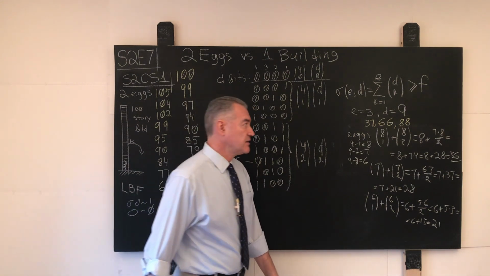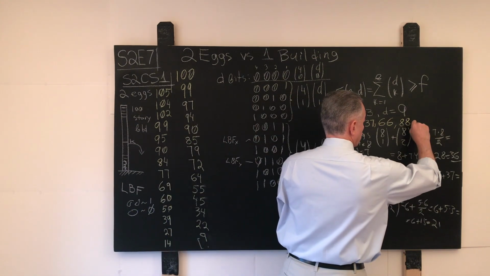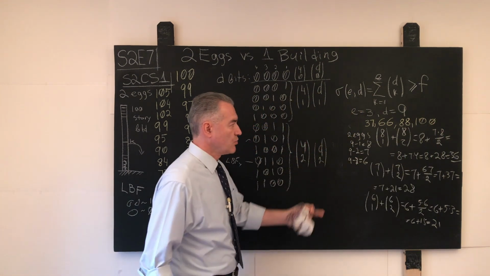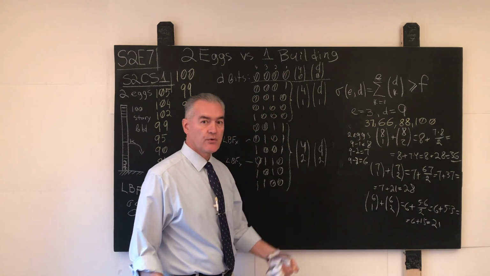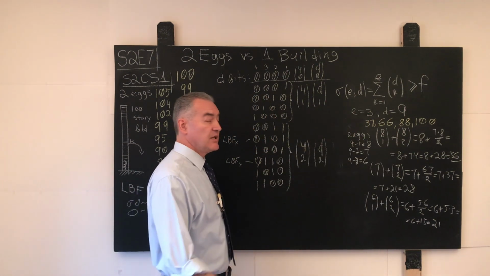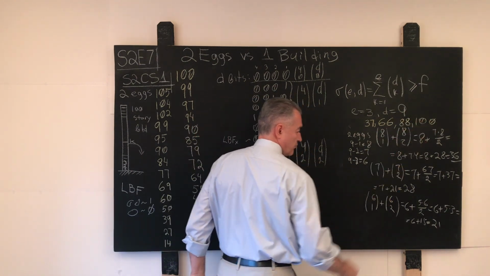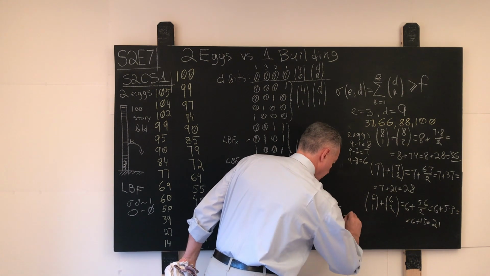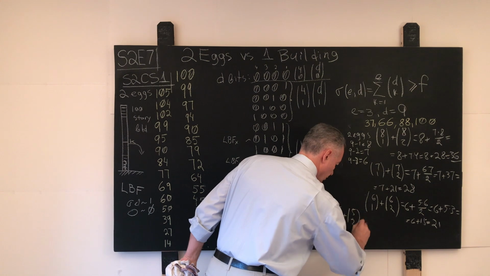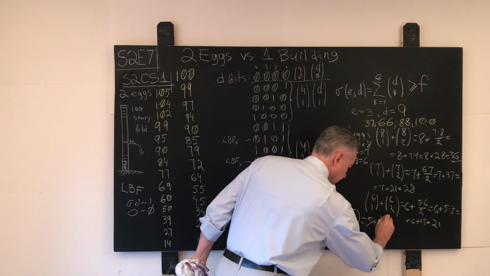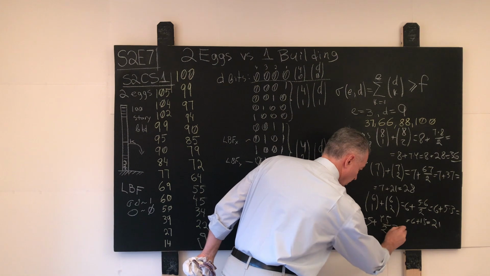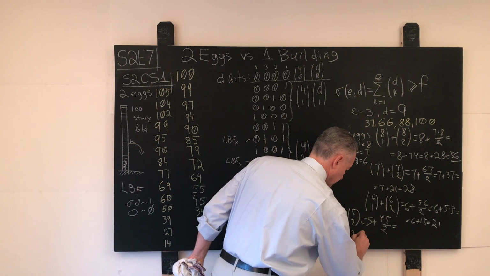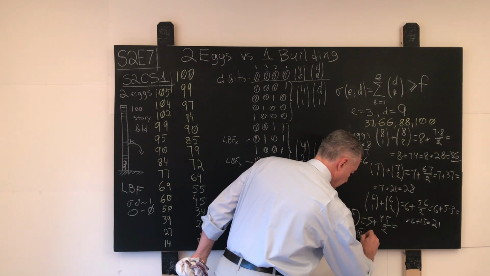It should be evident that by now this is where our scheme will terminate, because ideally the next throw will be way above the 100th floor. We only have 100 floors in the building, but if we want to know exactly the number of that floor, we will run the binomial coefficients again. 5 choose 1 plus 5 choose 2, that will be 5 plus 4 times 5 over 2, that will be 5 plus 2 times 5, which is 10, so 15.